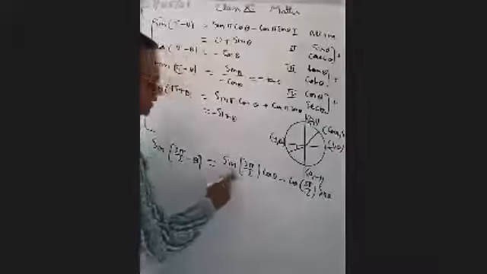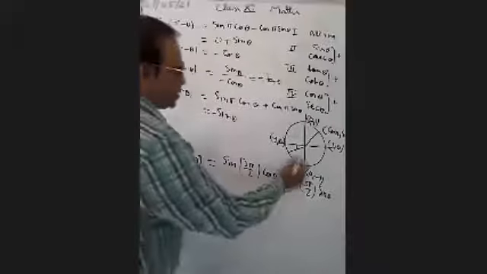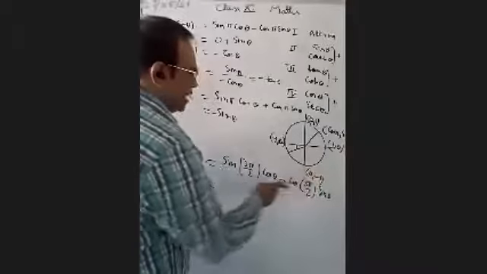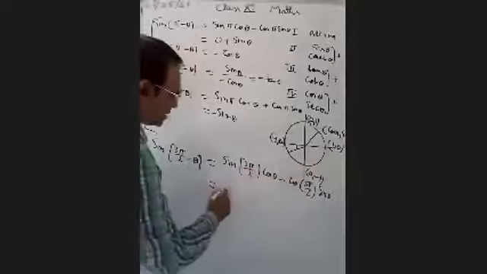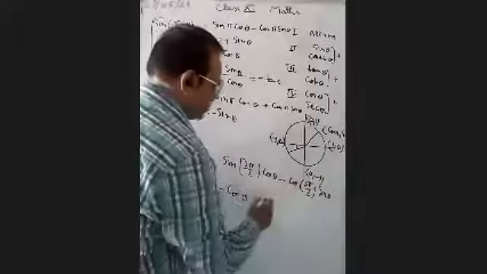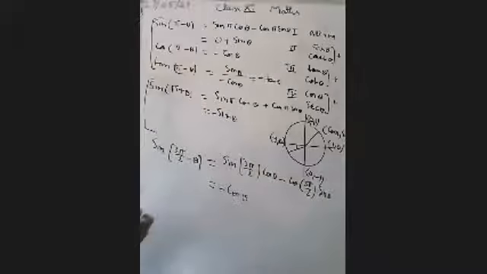Just see here, sin 3 pi by 2, that is sin 270, has the value minus 1, so it becomes minus cos theta. And cos 3 pi by 2 is equal to 0, so that term becomes 0. So it means sin(3 pi by 2 minus theta) is equal to minus cos theta.